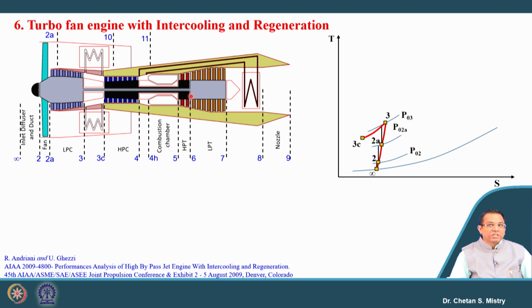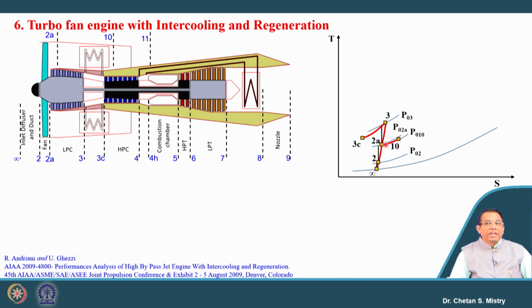Some amount of pressure will be dropped within this intercooler, and that's the reason why my pressure point is lower. When the air passes through any device, because of the presence of a solid body, we will have losses because of friction, and those losses we consider in terms of pressure loss. So here this is 3C.